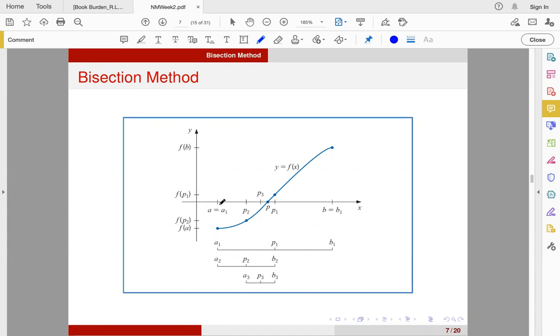After you find A and B, you can apply the following: set A1 equal A and B1 equal B and find P1. P1 is A1 plus B1 divided by 2.